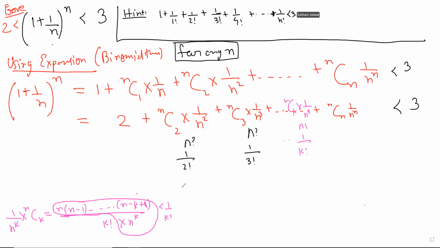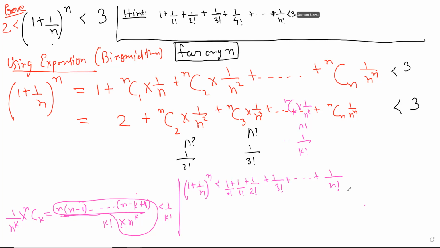So basically what have we proved? We have shown so far that (1 plus 1 by n) to the power n is less than 1 plus 1 plus 1 by 2 factorial. Well, the first two terms you can write as 0 factorial, 1 factorial, but yeah. And then you get 1 by 3 factorial till 1 by n factorial. Is it okay? We have shown this just by using the binomial theorem and simple comparisons.